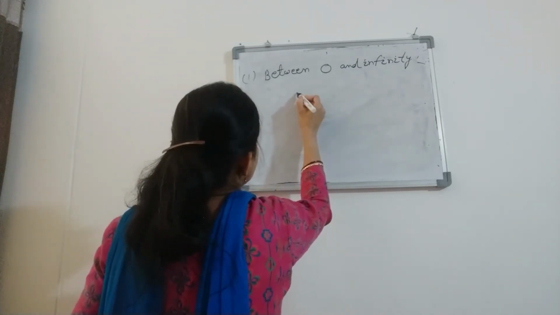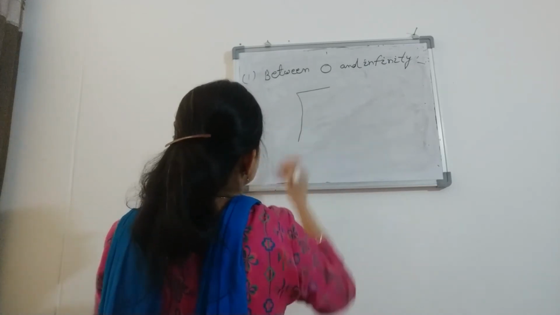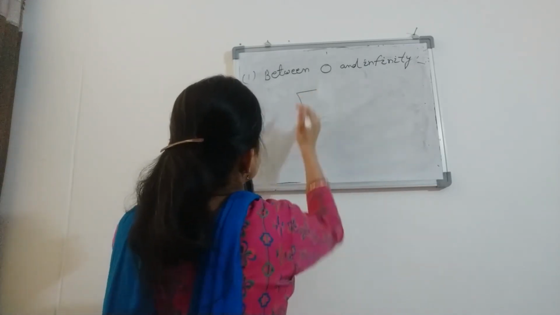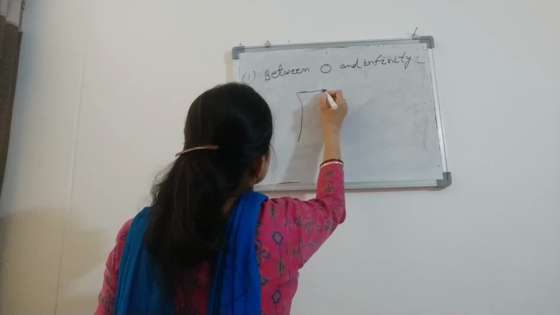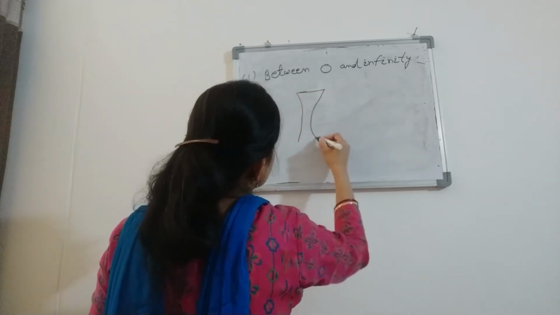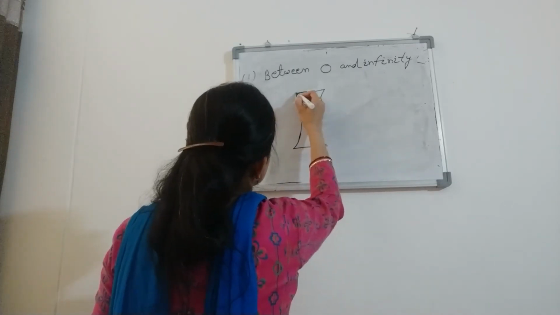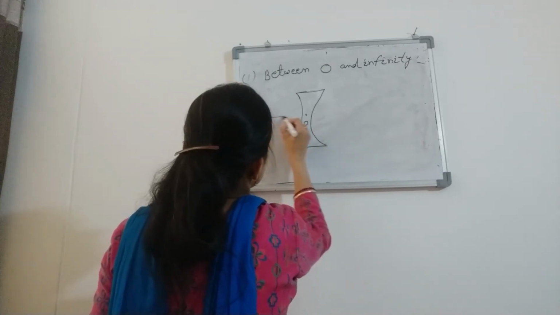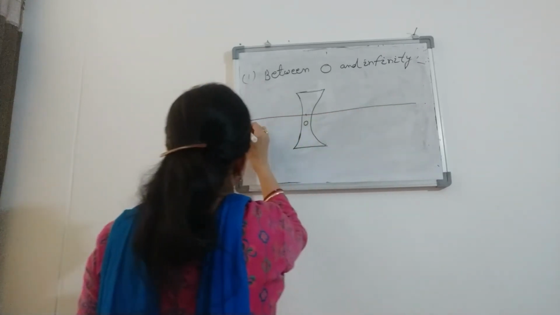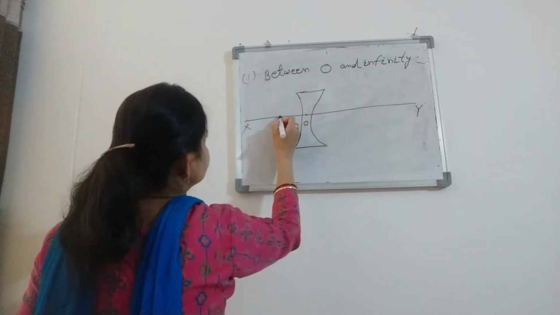So first draw the concave lens. This is your optical center and XY is the principal axis.